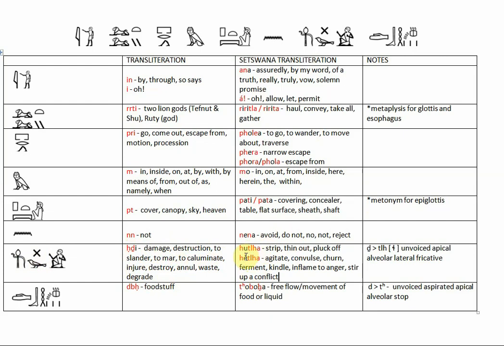Calumniate. Huta, which means strip, thin out, pluck off. Heta, meaning agitate, convulse, churn, ferment, kindle, inflame, to anger, stir up a conflict.